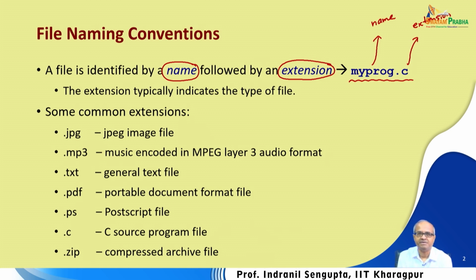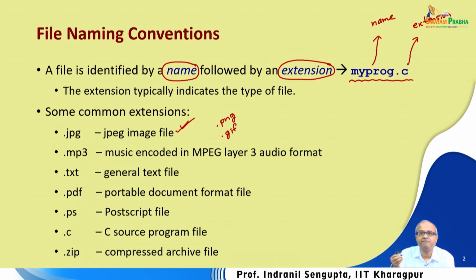Some common extensions: .jpg or .jpeg are used for JPEG image files. In this context, let me tell you there are other formats of image files as well, such as .png and .gif.